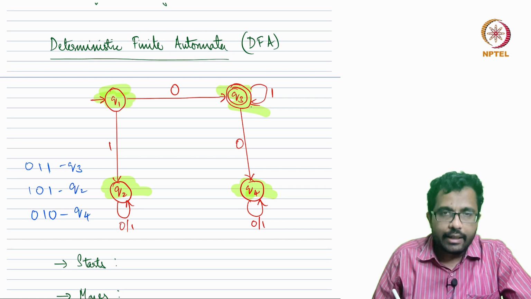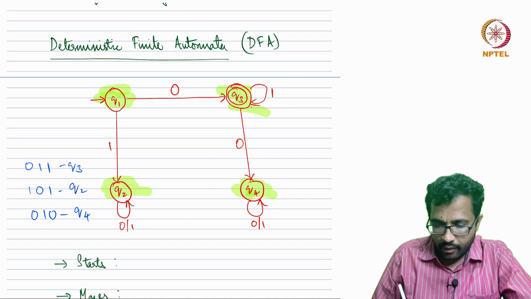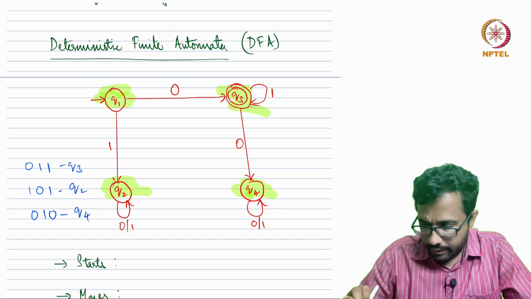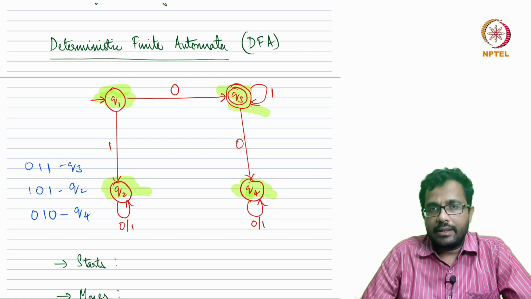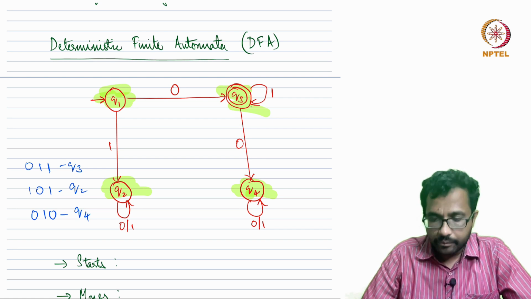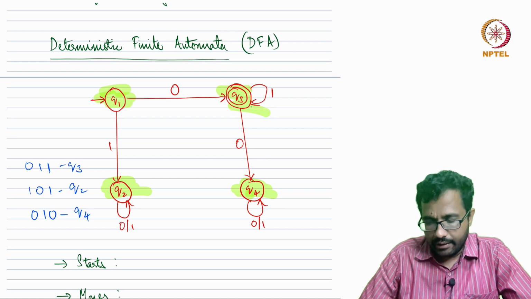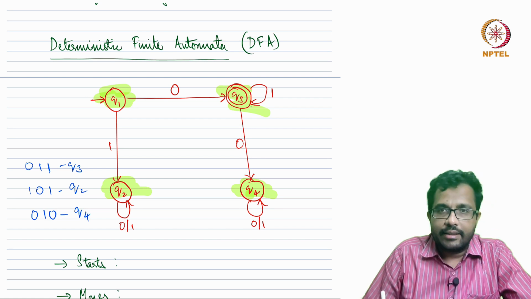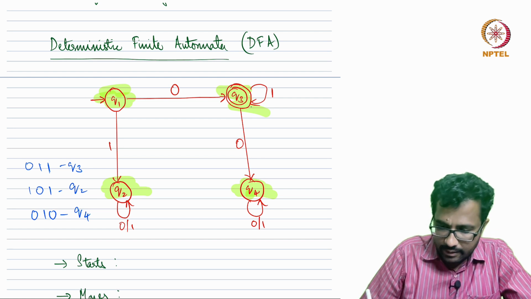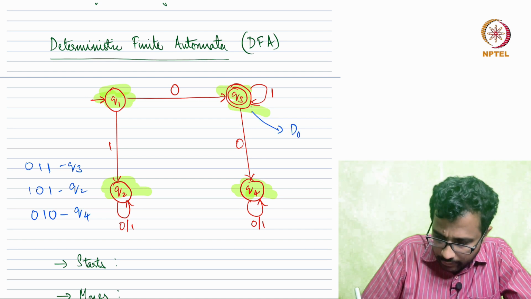So I've taken 3 strings and shown where each ends, right? The only thing that I have not described is the notion of accepting a certain string. We say that this machine accepts a certain string if it ends at a certain state, which is marked with a double circle. In this case, the only state with a double circle is Q3.